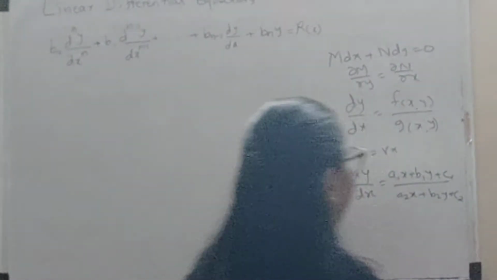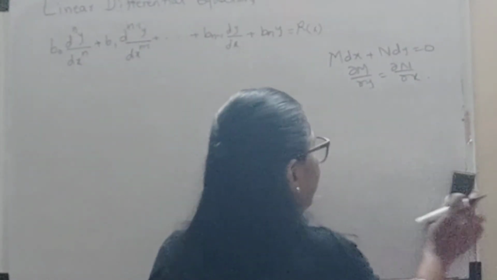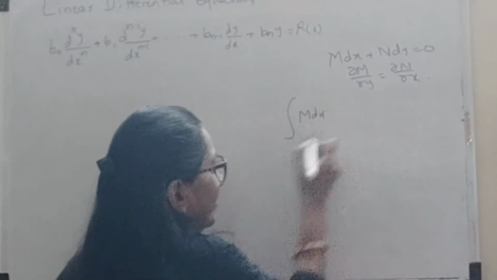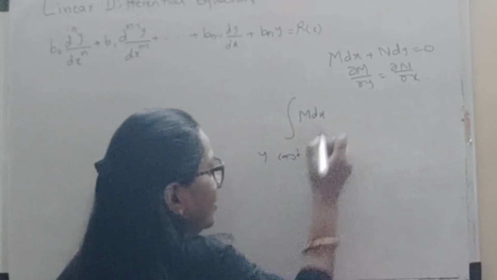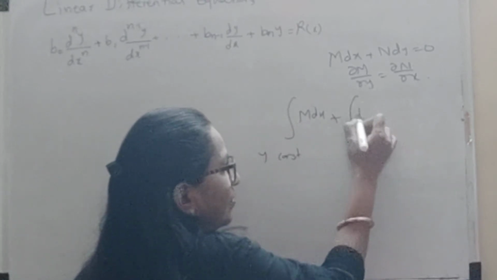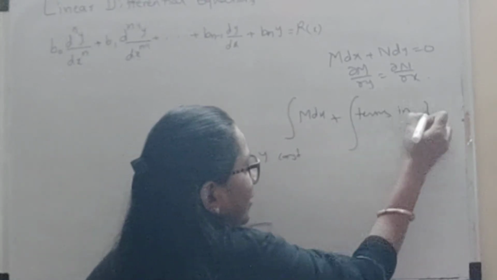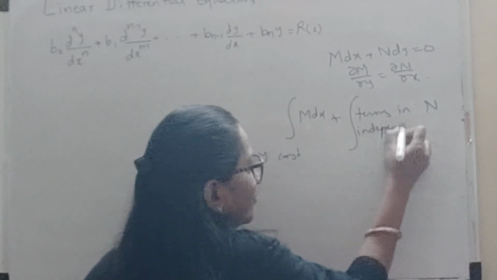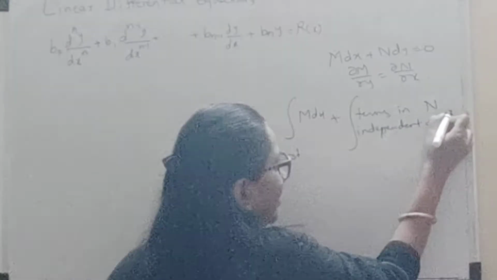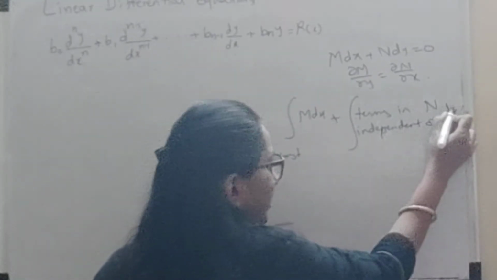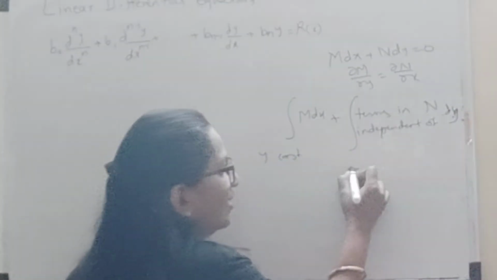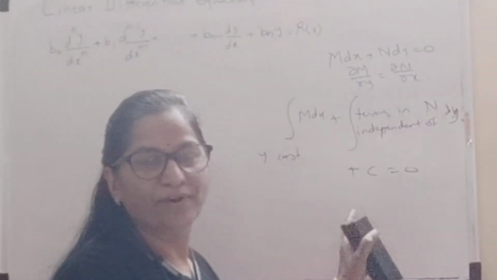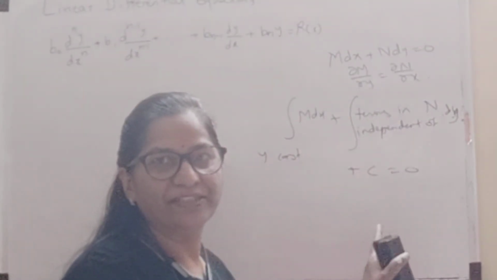Its solution is given by integration of M dx keeping y constant, plus integration of terms in N independent of x into dy, plus constant of integration is equal to 0. So this is the formula to solve an exact differential equation.